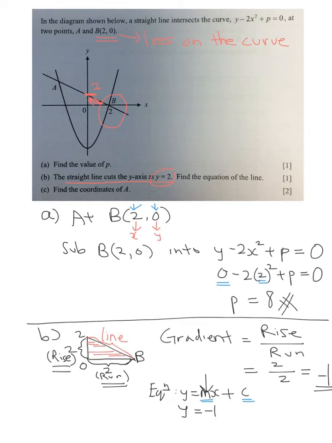The x we will put as x, and the c in this case is the y-intercept, which is the part on the y-axis where the line intersects, which is this part over here, 2. So if you express the line in a neater way, it is y equals minus x plus 2.